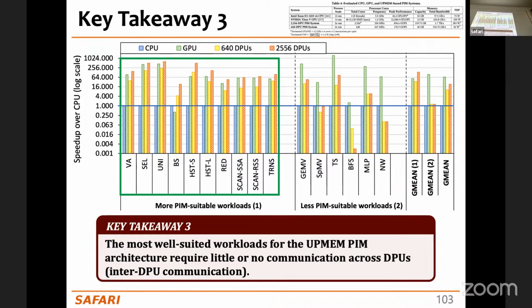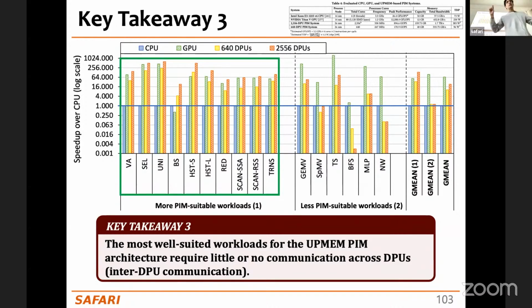As I already said before, key takeaway number 2: workloads that don't have very complex computations, that don't use floating point operations, ideally not even integer multiplication or division, but also ideally don't require much communication between different PIM processors, between different DPUs.